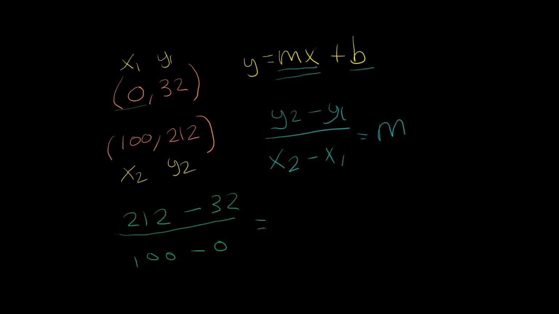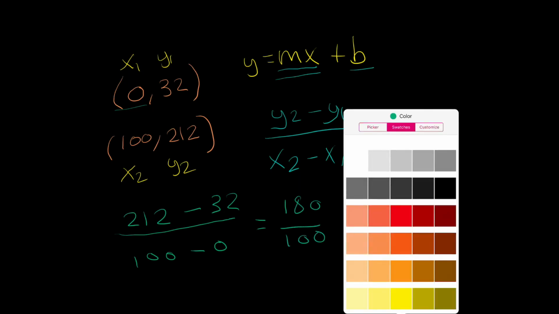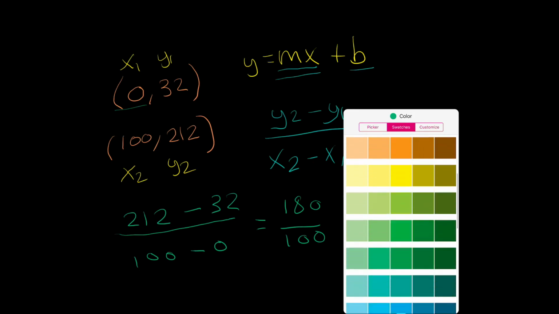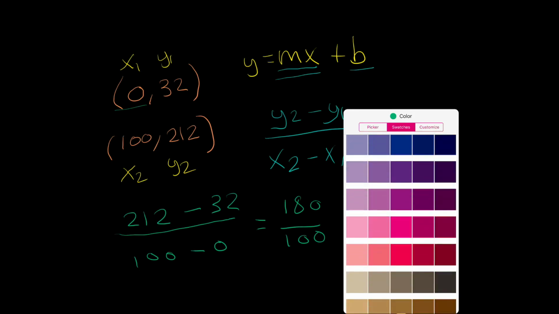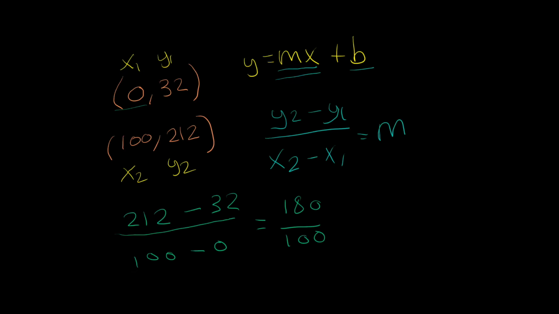If we work that out, we get 180 over 100. And we can further simplify this. We divide the top by 20 and the bottom by 20, which gives 9 over 5. So now we have m.